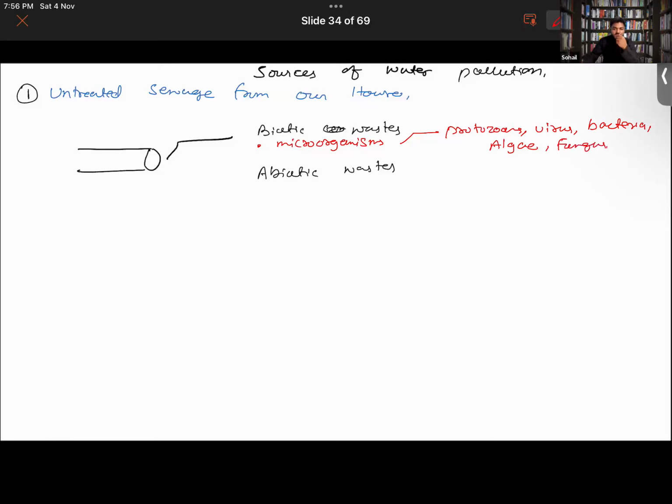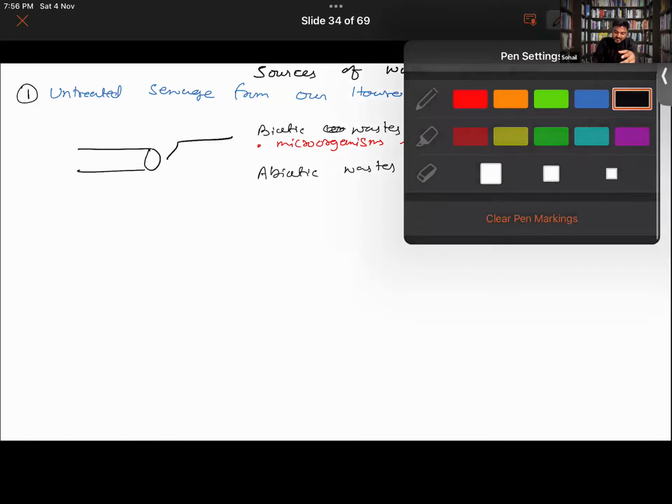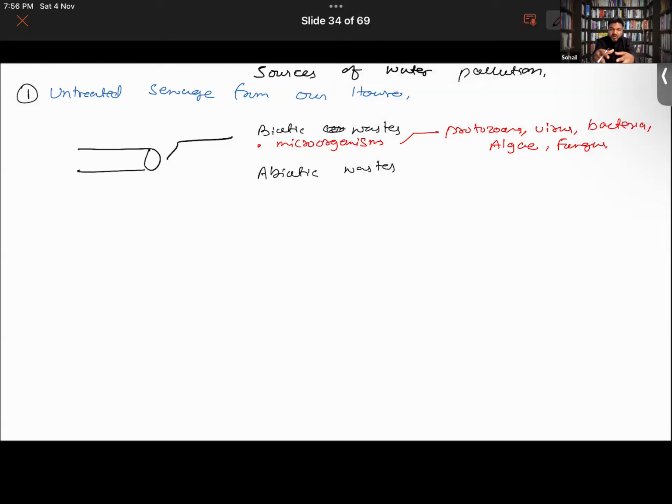Right now, guys, what we see is that somehow these microorganisms end up in our drinking water. Why?